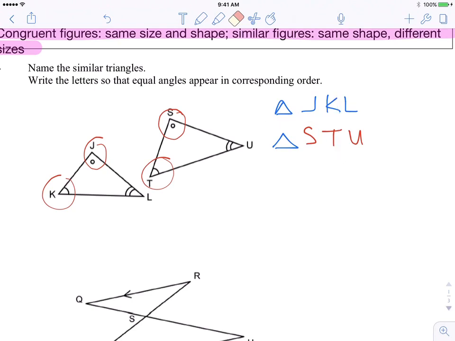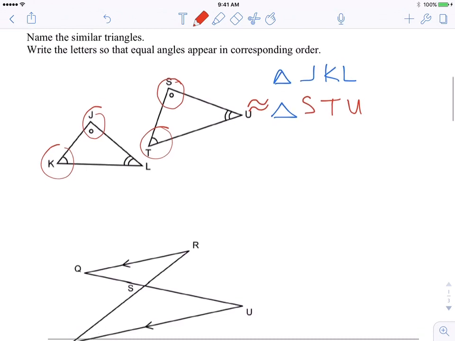Then we just say that triangle JKL is similar to triangle STU. Vertically, J and S correspond, K and T correspond, and L and U also correspond.